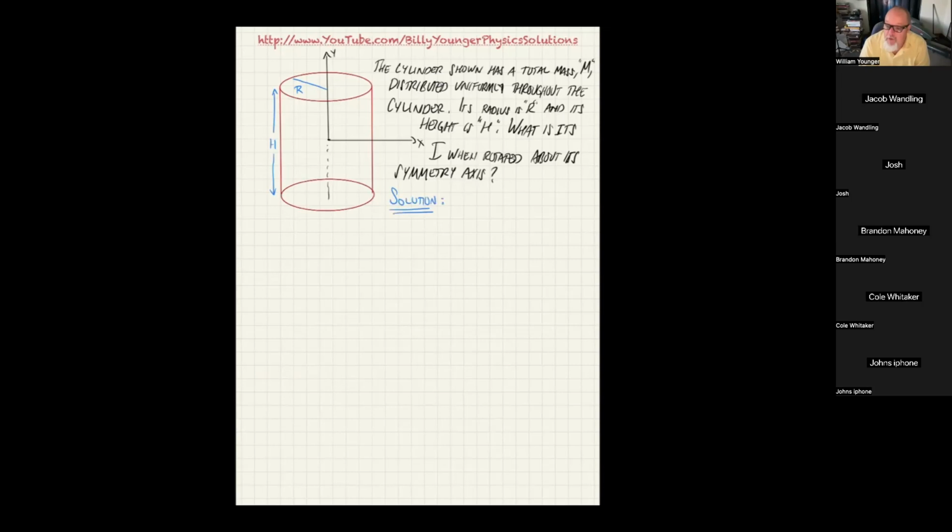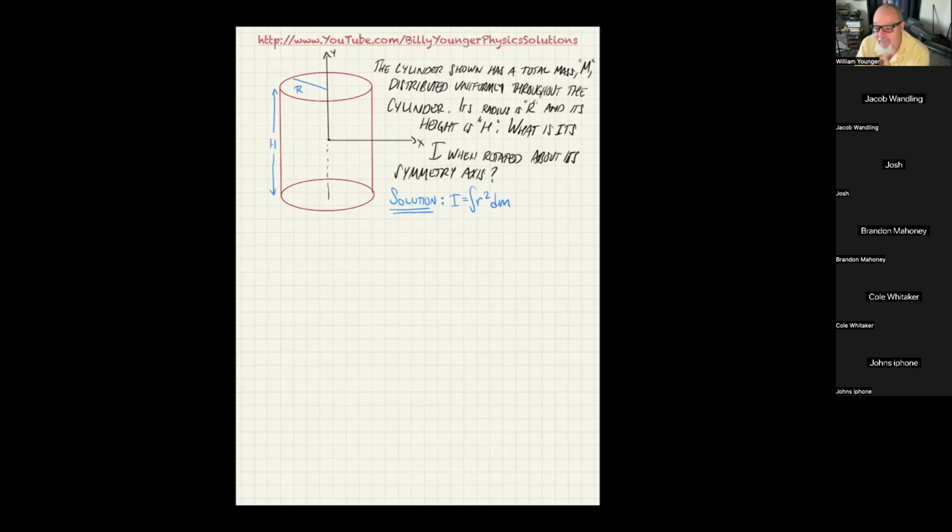So to solve such a problem, it looks like no one has any questions. So to solve such a problem, we're going to again use I is equal to the integral of r squared dm. And like always, when you go to integrate something, your differential thing that you're using, in this case, it's dm. I've got to actually create a dm such that the integrand, which is r squared, does not vary very much over the dm.